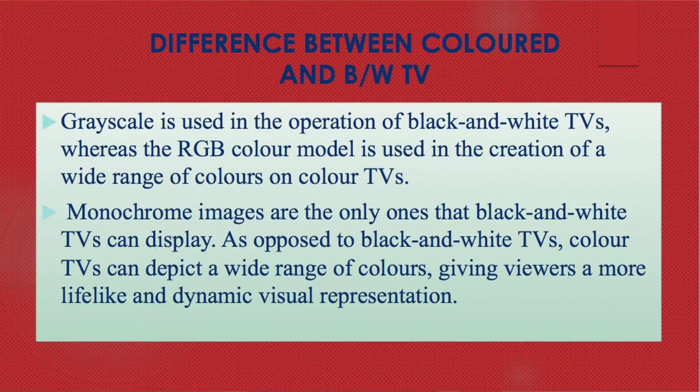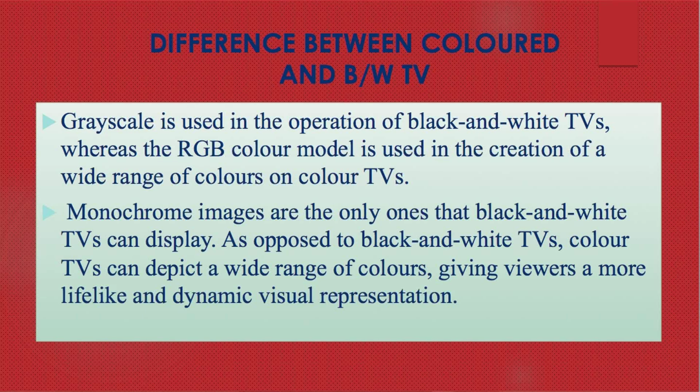Now what is the difference between colored and black and white TV? The technology utilized to create the image that appears on the screen distinguishes black and white and color television in their core functionality. Now grayscale is used in the operation of black and white TVs, whereas the RGB color model is used in the creation of a wide range of colors in color TVs.